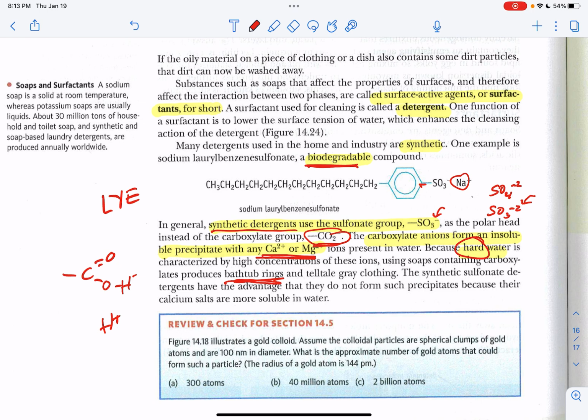And it would also often leave kind of a scum on dishes when you wash them, or on your clothing.